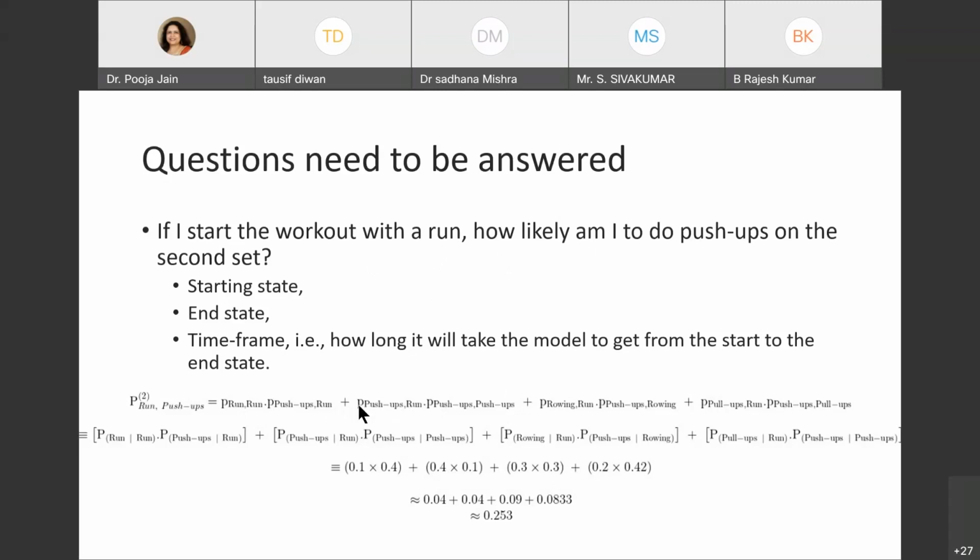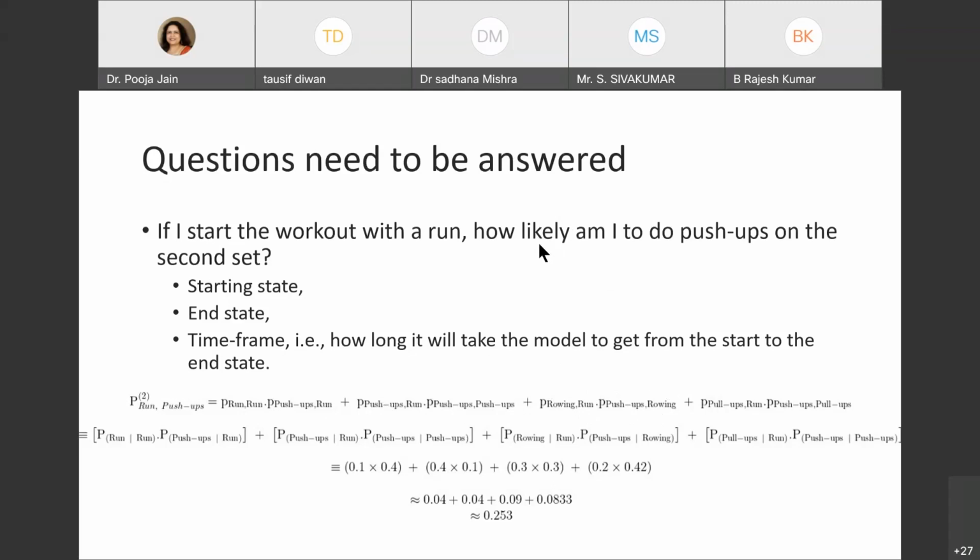See this P of push-up comma run, it indicates the probability of push-up after running. Then once again push-up after push-up. One more possibility: rowing after running, and then push-up after rowing. So the sequence is running to rowing, rowing to push-up.